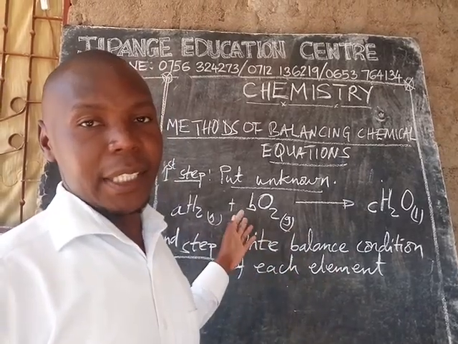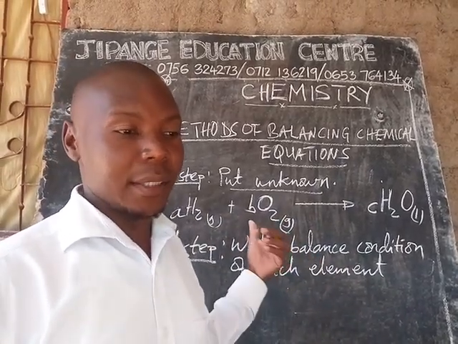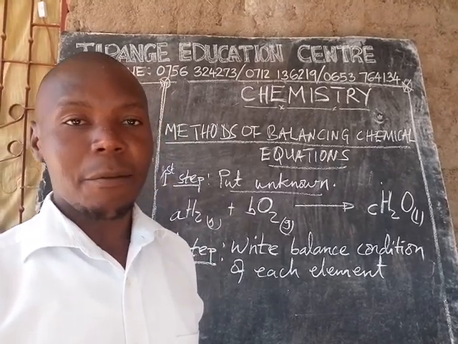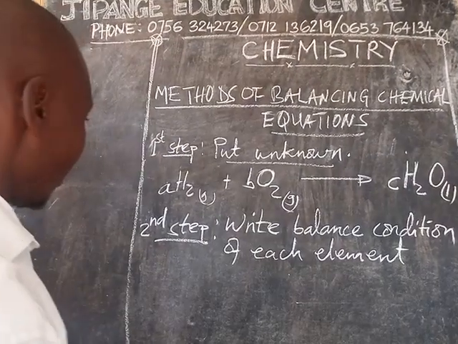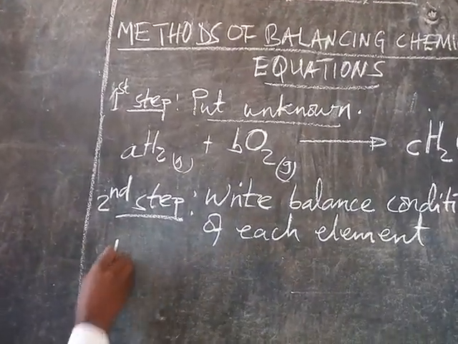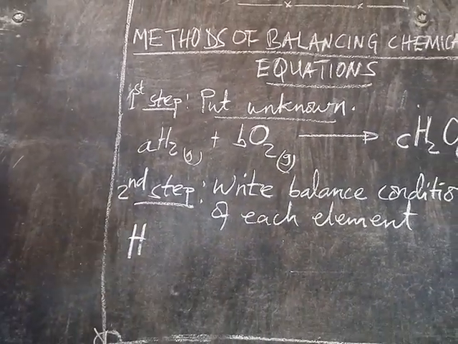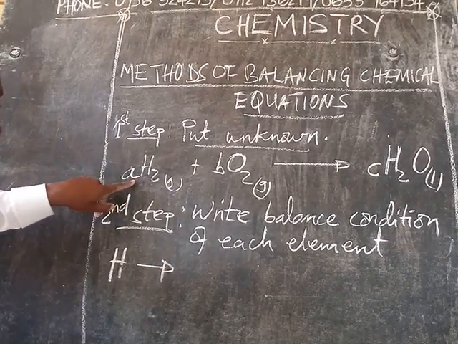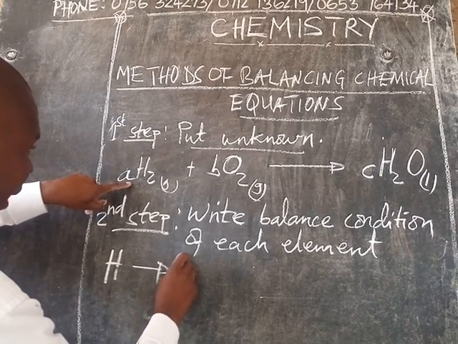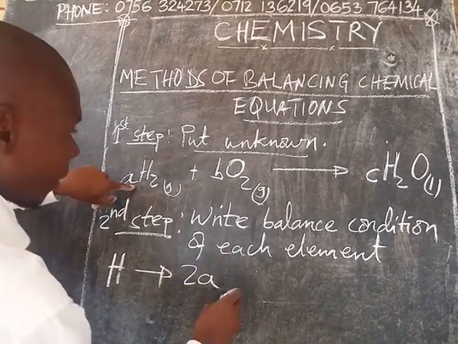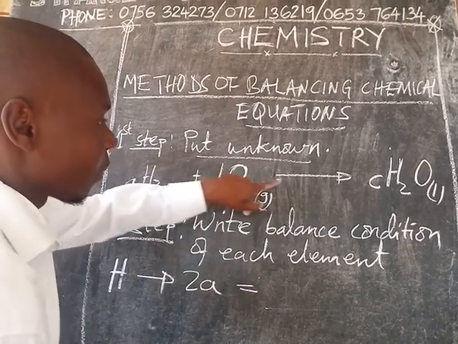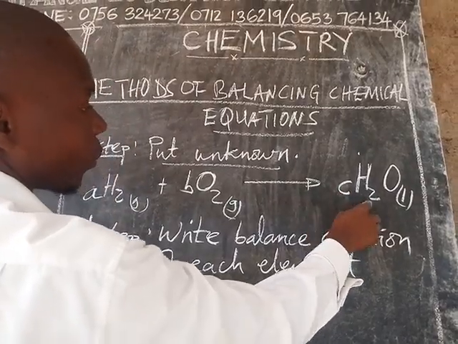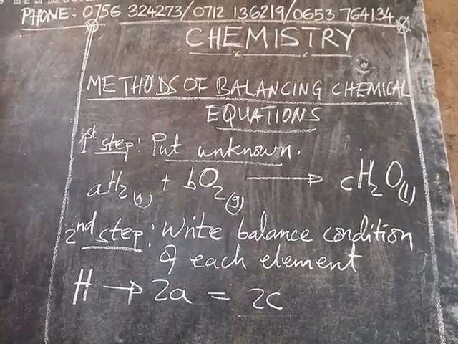Because we have three unknowns, we use those three unknowns to write the balance condition of each element. For example, the balance condition for hydrogen. We have two hydrogen atoms in our equation, so we write 2A is equal to 2C, because there are two hydrogen atoms at C.